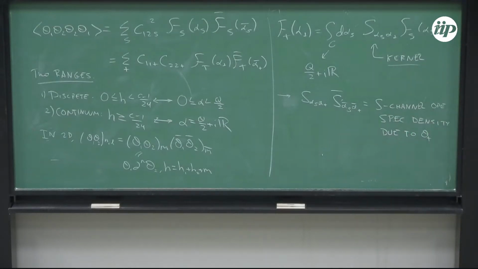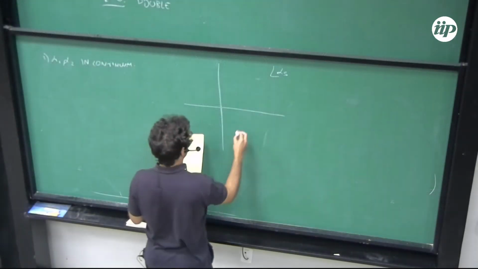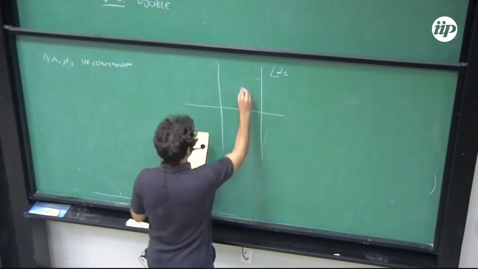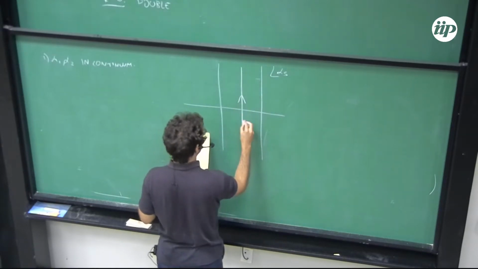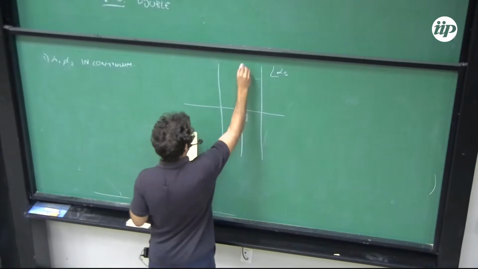Okay, so let's draw a plot which puts these things together and will give us the answer we want. So if we first take alpha 1 and alpha 2 in the continuum, then we can make a plot here in alpha S space. So the contour C runs along here.